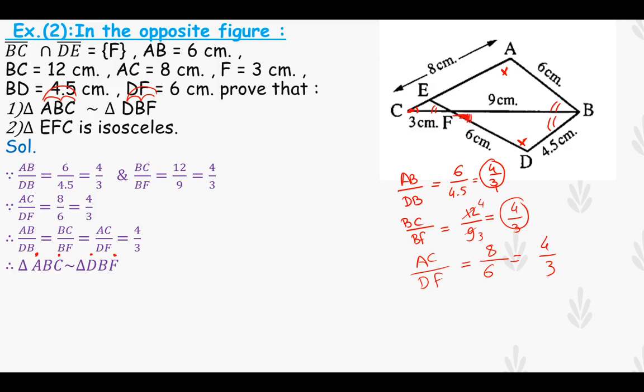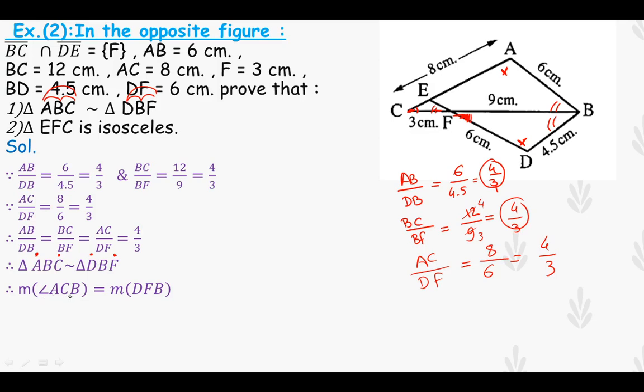Okay, and you can see also that measure of angle DFB is equal to measure of angle EFC, vertically opposite angles. Okay, so now measure of angle ECF is equal to measure of angle EFC, so triangle ECF is an isosceles triangle. Okay, let's solve it again by using the PowerPoint.